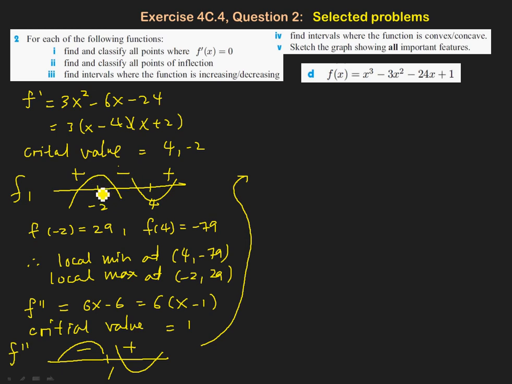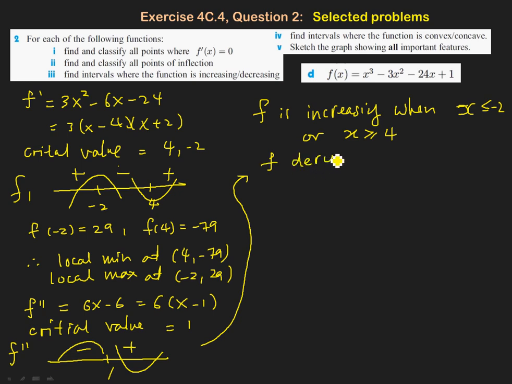The interval where the sign diagram is positive is increasing, so f is increasing when x is less than -2 or x is greater than 4, and f decreases when, as you can see, x is between -2 and 4.